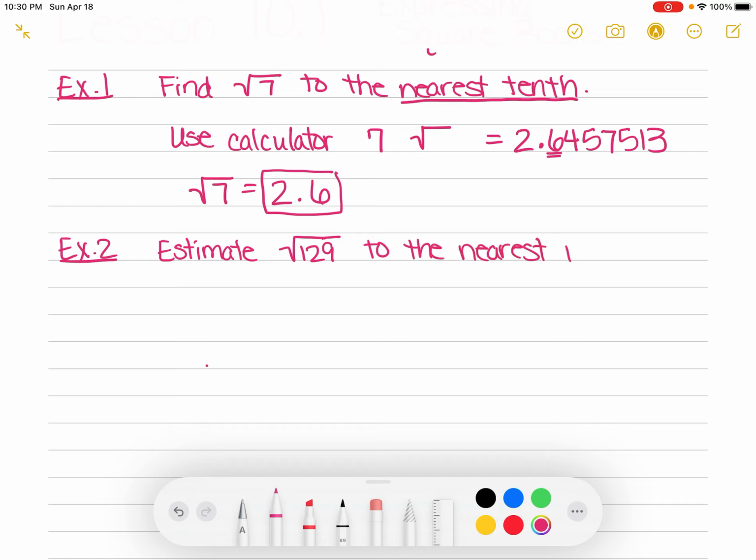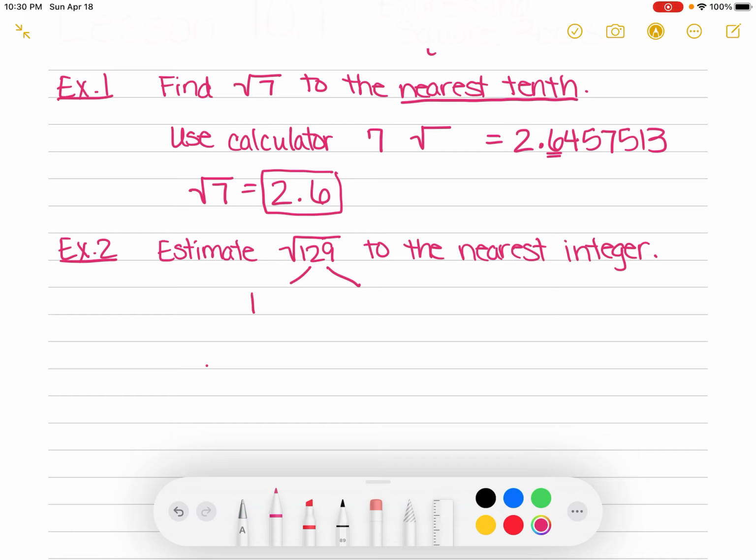So we're not going to have any decimals here. What they really want to know is what it's between. Okay, so even though it says estimate to the nearest integer, they really want to know what it's between. So what I'm looking for is two different numbers or two different squares.